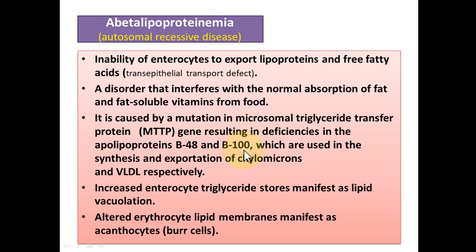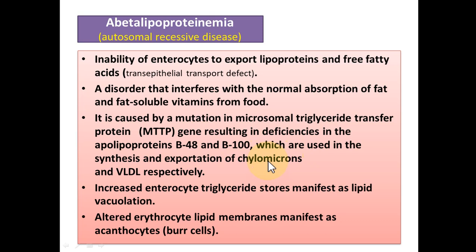Particularly B100 is strongly associated, in LDL particles, with atherosclerosis, which can lead to conditions like myocardial infarction and peripheral vascular diseases. And these apolipoproteins are used in the synthesis and exportation of the chylomicrons from the enterocytes into the blood.